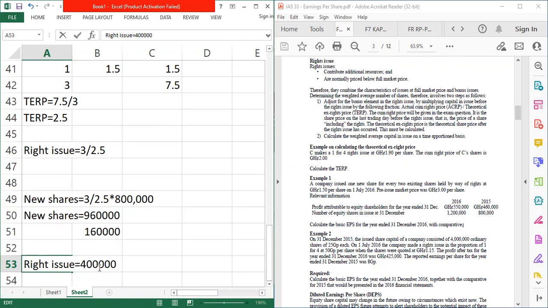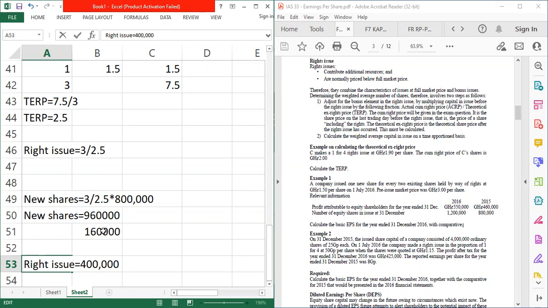Of this 400,000, 160,000 is relating to the bonus issue. After using this fraction to multiply, it will give you the new shares at the beginning. So if you find the difference between the new shares that you have and the one that you have at the beginning, the difference is the bonus issue element in the rights issue.